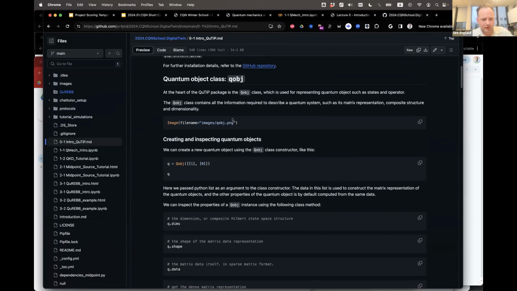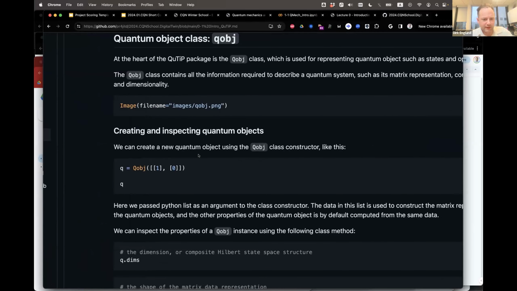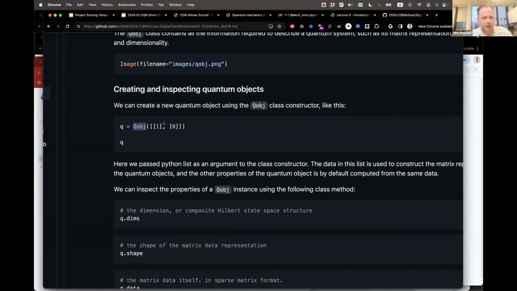For example, what if you want to create a quantum state? To do that, you can create an object, which in QuTiP they call a quantum object, using the Qobj class. The object is a quantum object, which in this case has two states, labeled state 1 and state 0.